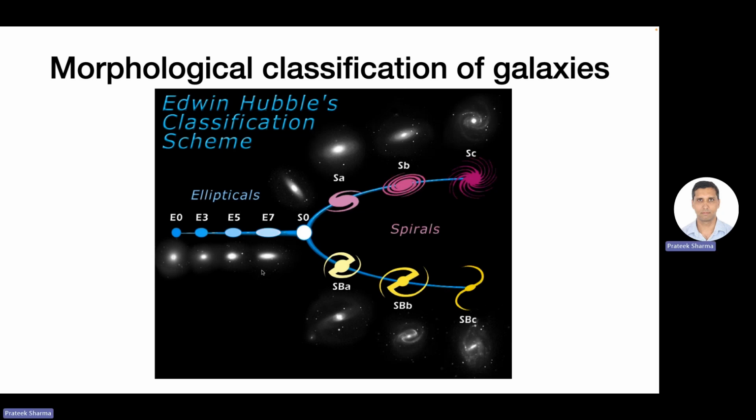So most ellipticals are red and dead. What does that mean? They are formed out of old stars. Young stars are bluer, more massive, and short-lived. Most of the time spiral galaxies are blue, which means they're forming stars now.